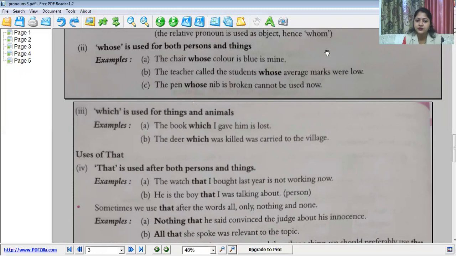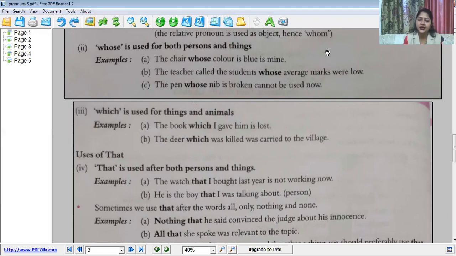Okay, children. Now let's learn about the uses of that. That is used after both persons and things. The examples here are: the watch that I bought last year is not working now. He is the boy that I was talking about. So it refers to both persons and things, like whose, right?